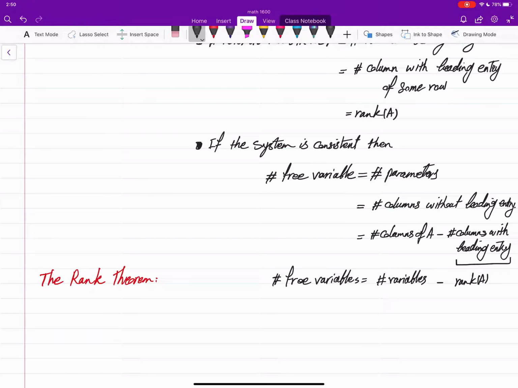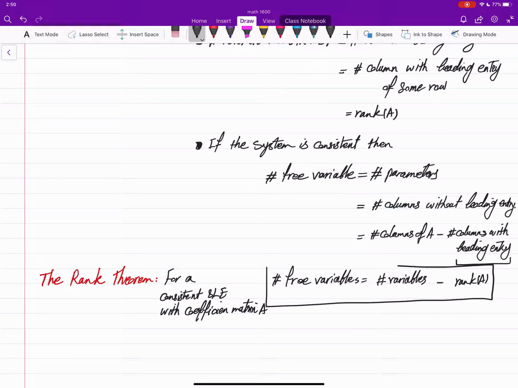It is important for a consistent system of linear equations with coefficient matrix A. This is what we have. So let me put this in the box. The number of free variables in the solution of that system is equal to the number of variables minus the rank of the coefficient matrix.